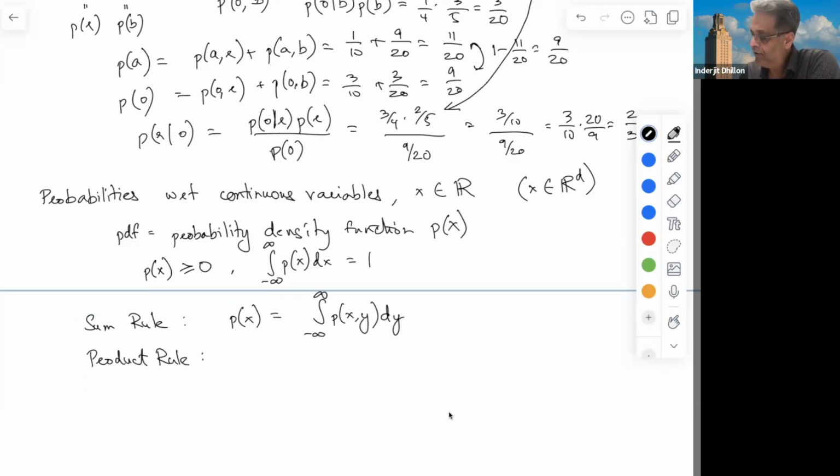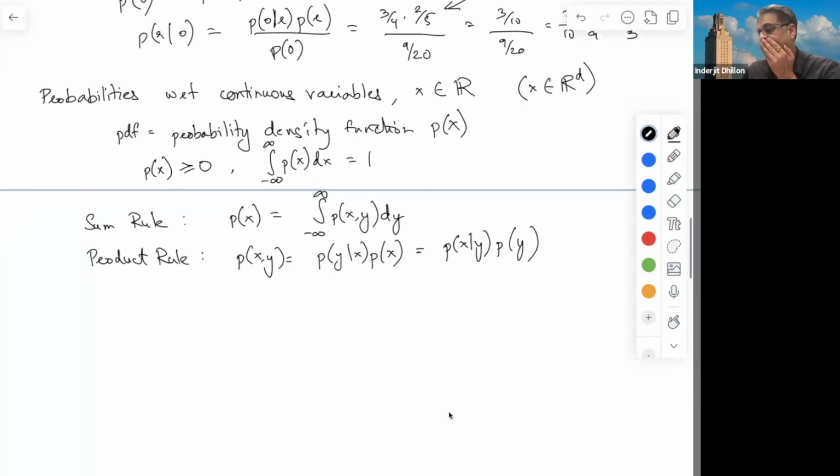And my product rule is that my joint distribution is the conditional distribution times the marginal. So this is the conditional distribution given x, or you can do p of x given y times p of y. Okay.